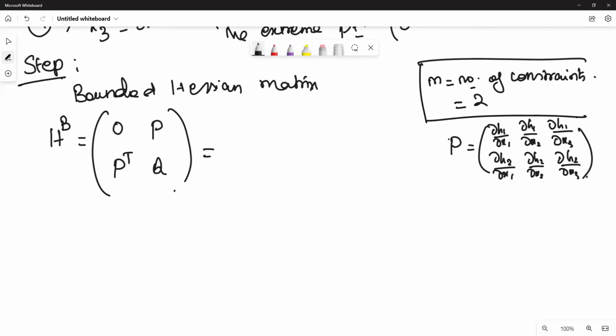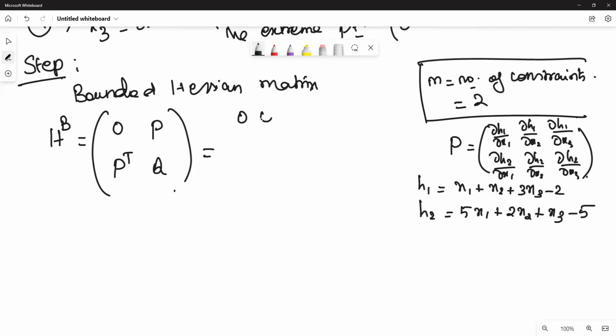What are H1 and H2? We have only 2. H1 is X1 plus X2 plus 3X3 minus 2. H2 is 5X1 plus 2X2 plus X3 minus 5. Let us find P.